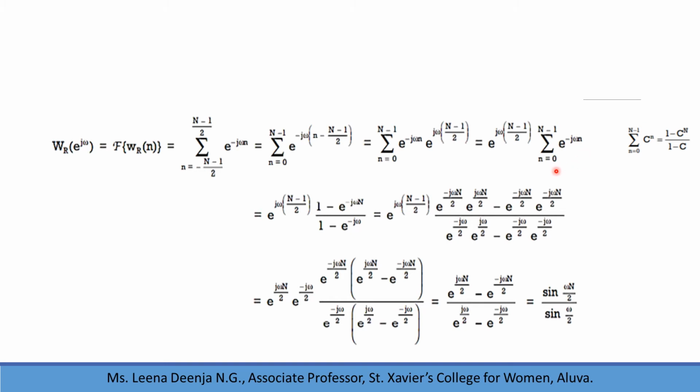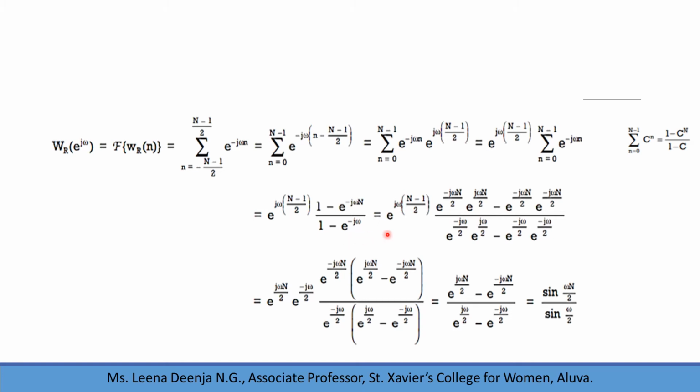Here the limits for the sum are 0 and N minus 1. And we know that the sum from n equals 0 to N minus 1 of c raised to n is (1 minus c raised to N) by (1 minus c). So putting this value here, it is equal to 1 minus e raised to minus j omega N divided by 1 minus e raised to minus j omega.